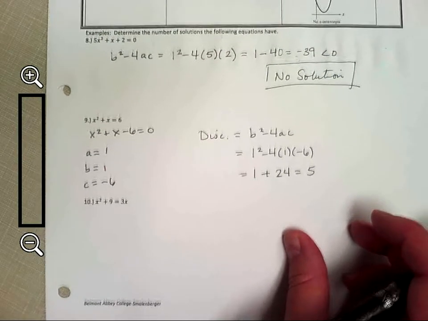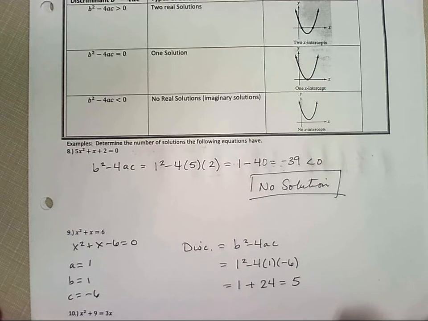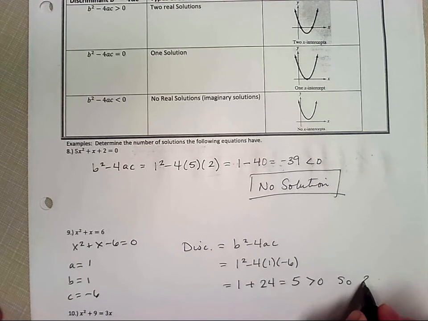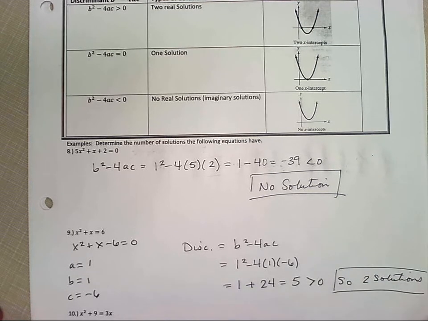So then going back up to my chart above, it's positive, right? It's greater than 0. So 2 solutions. Is that good?